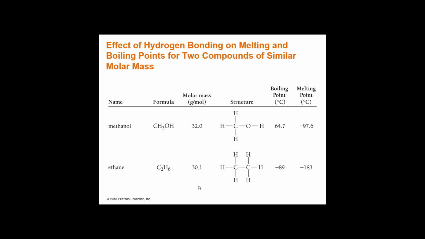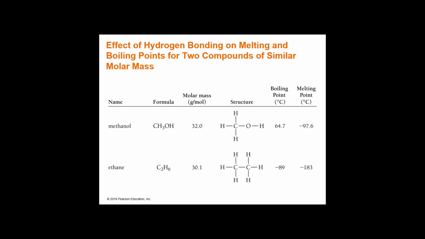All right, so this is just another intermolecular force, and it also affects boiling point and melting point, along with dipole-dipole and dispersion. If we look at methanol here, we have a molar mass of 32 grams per mole, and you can see the structure.